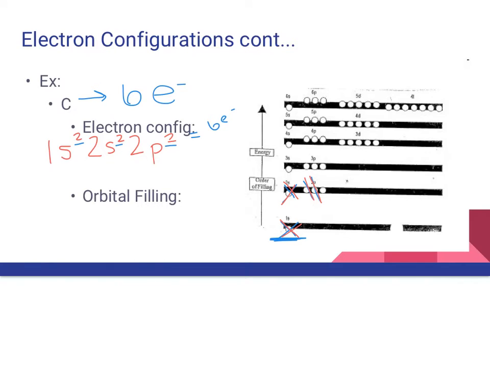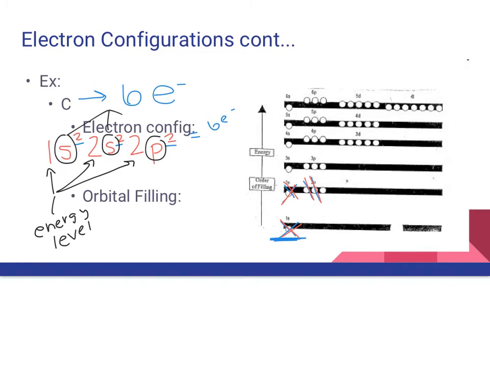Okay, again, just to refresh what these numbers are, this number 1 here, or this 2, or this 2, represent your energy level. These s's and p's represent the orbital, and really each orbital has a different shape, so the letters represent the shape.